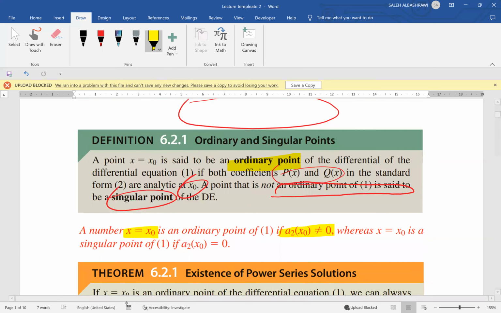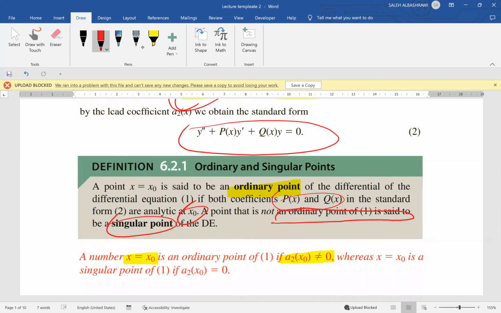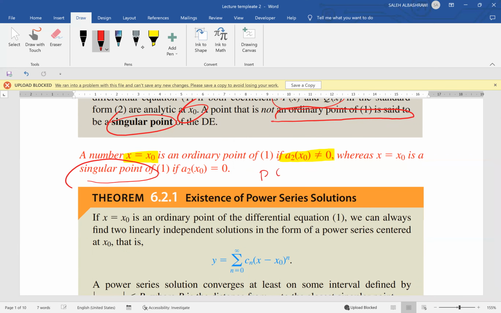If we go back to the equation, if the leading coefficient is not equal to 0 at x sub 0, then x sub 0 is an ordinary point. If it is equal to 0, then we call it a singular point, because p of x is a1 of x divided by a2 of x, so the denominator must not be equal to 0 for an ordinary point.